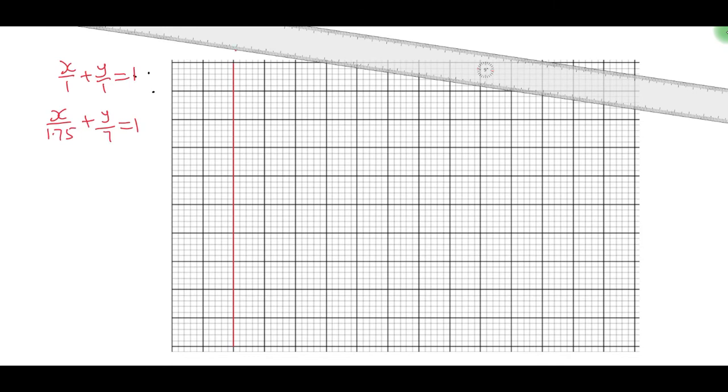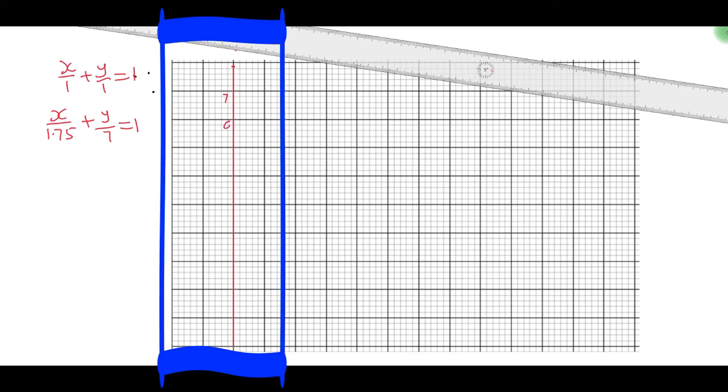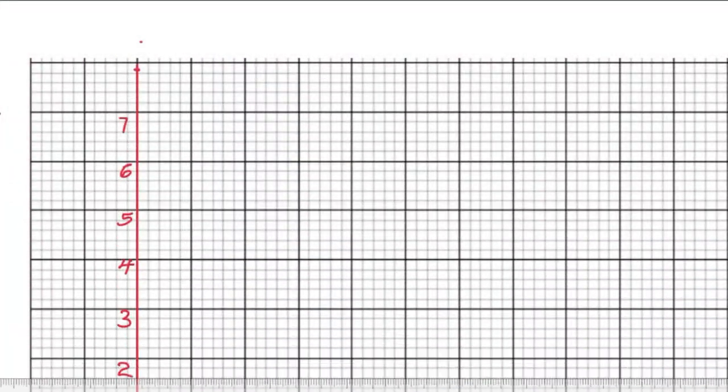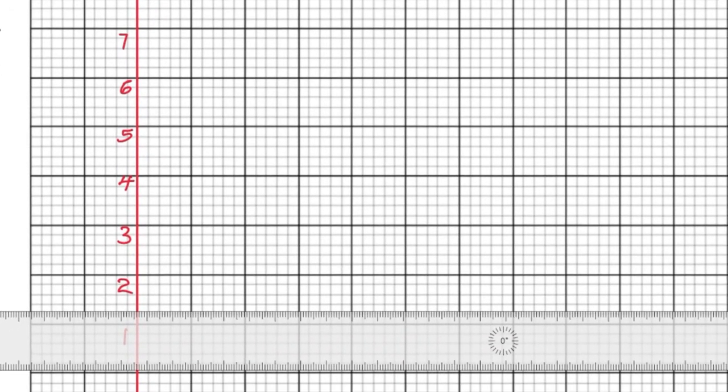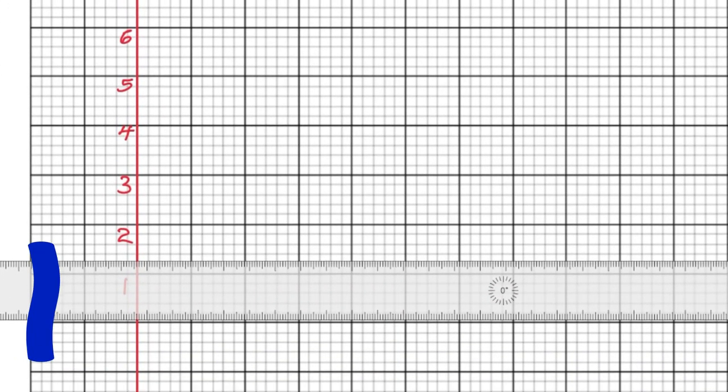From here I have 7, 6, 5, 4, 3, 2, 1, 0. That's where my x-axis will pass through. I draw it.